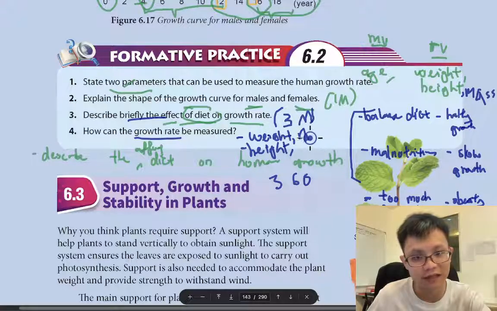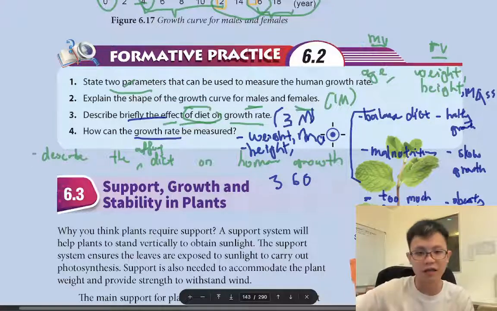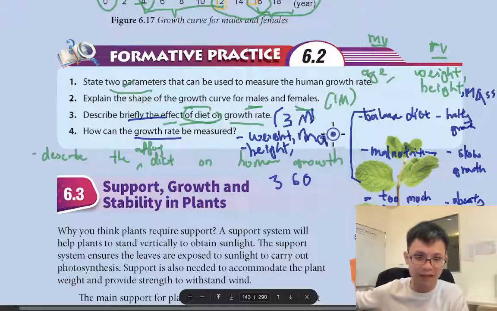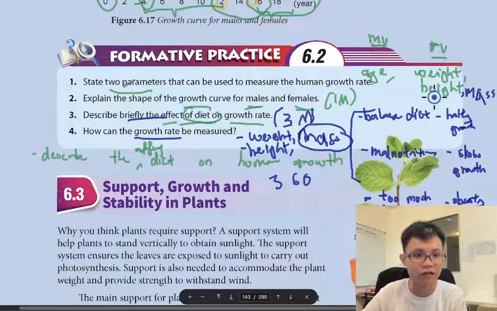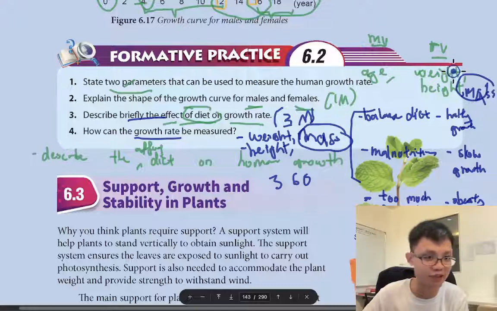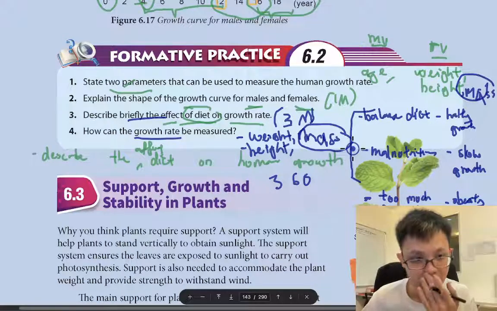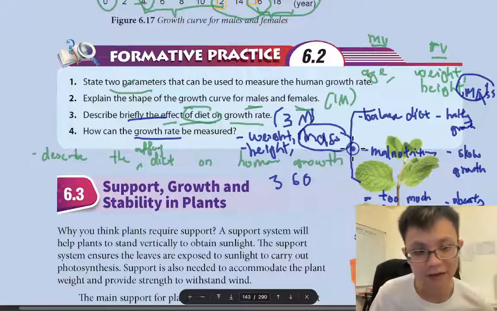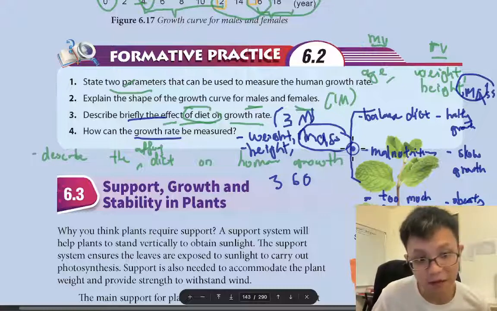So if you learn physics, there's a slight difference. Mass is more correct; he used the word mass. Weight is in kg, and mass is also in kg, but mass is more accurate, because in physics, mass stays the same: the amount of particles in the body.